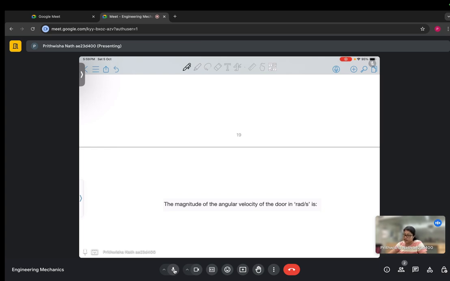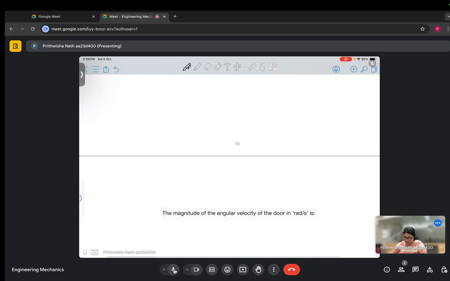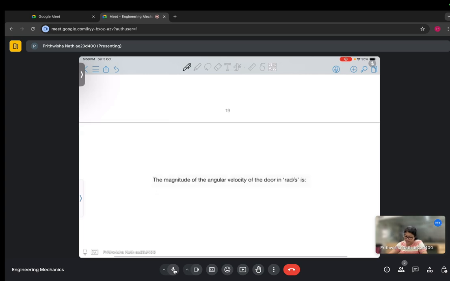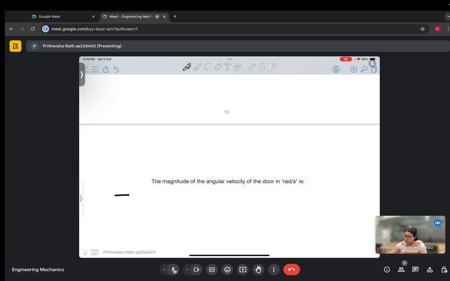So we will calculate this about the point O. So M_O equal to I_g alpha plus this.